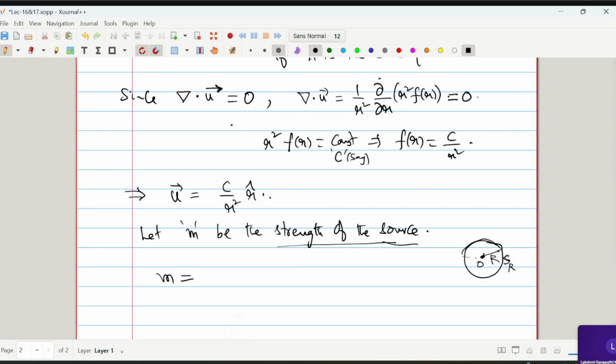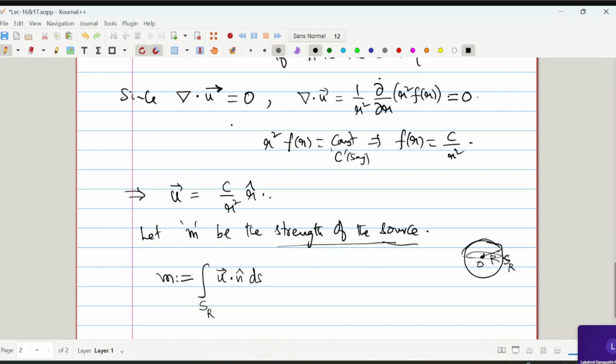Whatever goes out of this sphere because of the source at 0, that volume flux by definition is M, which is over this S_R, the sphere, of the velocity going normally, u dot n cap dS.